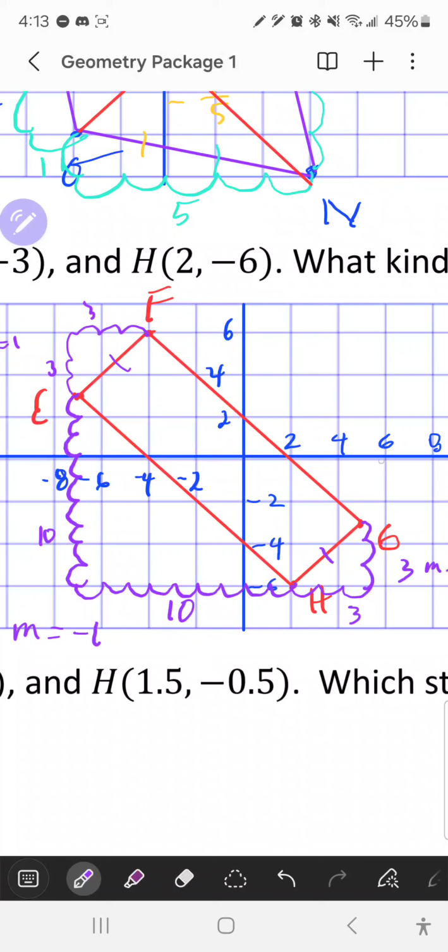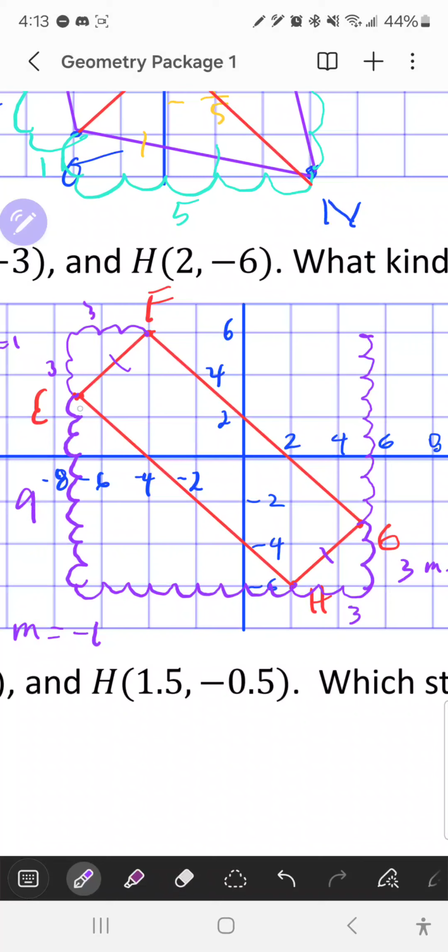And in this case, it will be 1, 2, 3, 4, 5, 6, 7, 8, 9. Wait, I missed something. Yeah, it is 9. Oh, this is also 9.